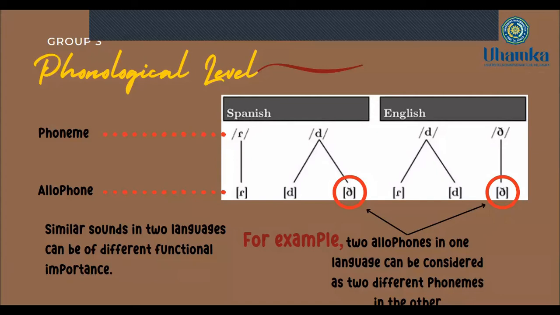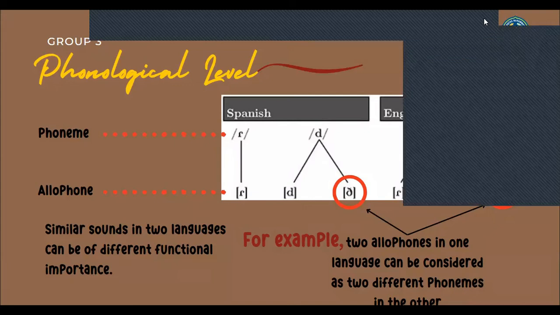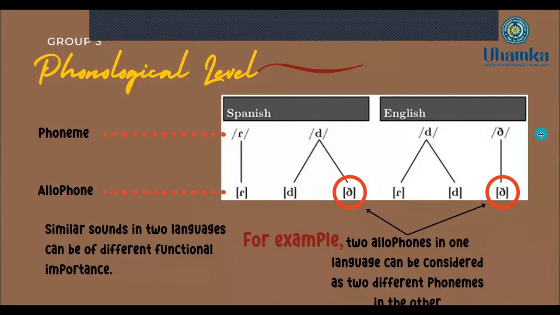Alright, for the phonological level, similar sounds in two languages can be of different functional importance. Now, here in the picture, we can see the phoneme and the allophone. In the Spanish one, we can see that this sound is from one phoneme, while in English it is a different one.